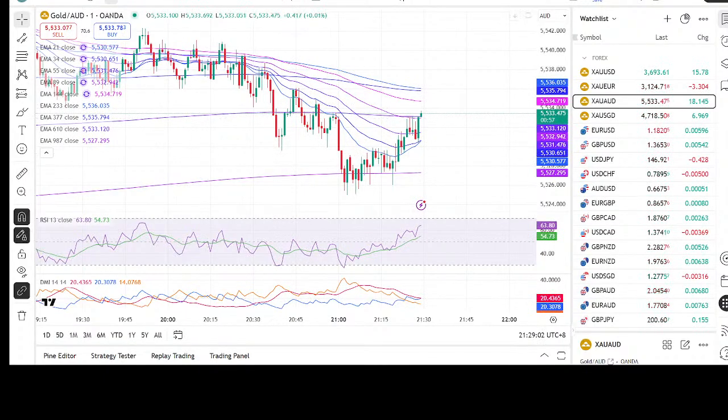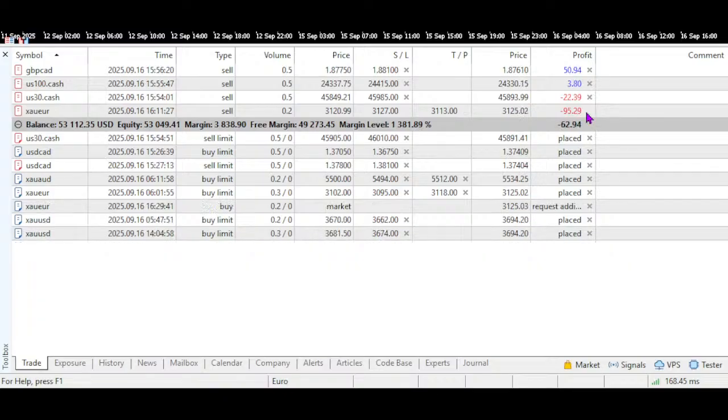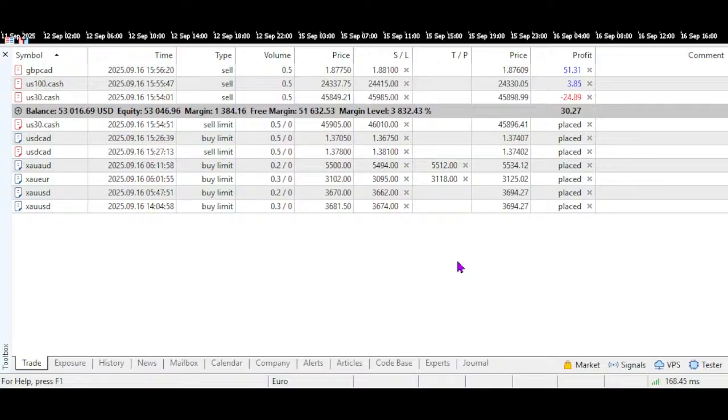So now what we will do is, rather than lose another $2, we will try to close this. Okay, close this. So we'll try to close this, and we'll go for a re-entry.